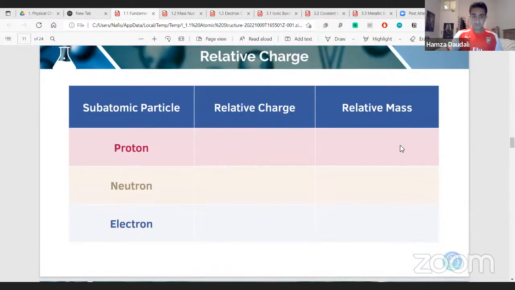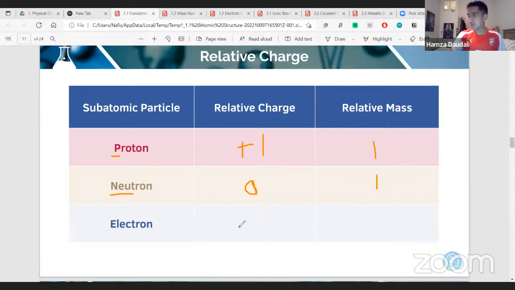A proton, if you imagine it, P for positive, has a relative charge of +1 and a relative mass of 1. Because remember, although it probably doesn't have a mass of 1 gram, relative to everything else, it has quite a large mass. Neutron, if you imagine neut, so like neutral, has a relative charge of 0 and a relative mass of 1.